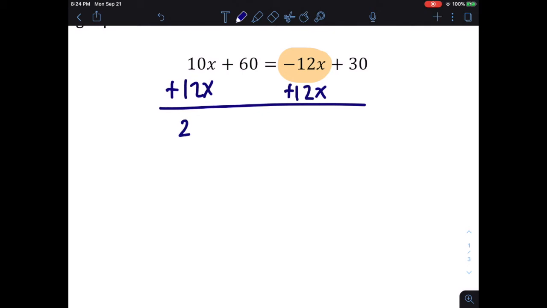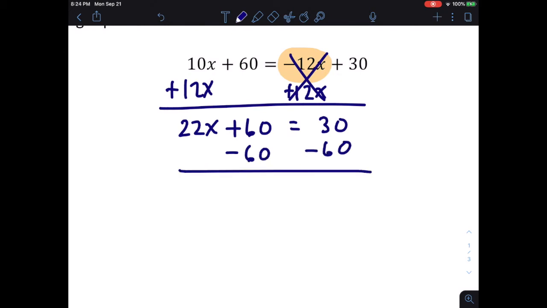We end up with 22x plus 60 equals 30 because these cancel each other out. And then I am going to subtract 60 from both sides. And we have 22x, the 60s cancel, is equal to negative 30. And so I'm going to divide by 22.